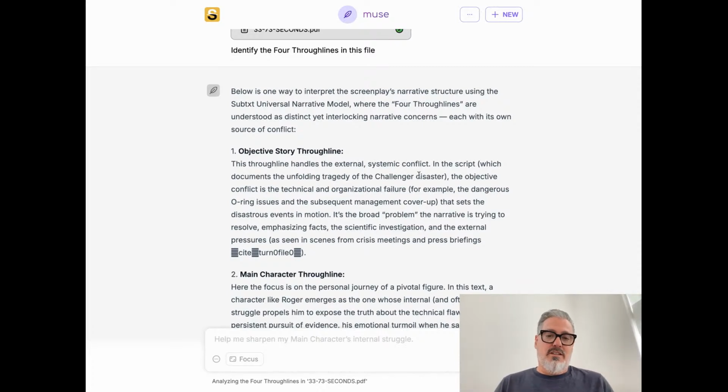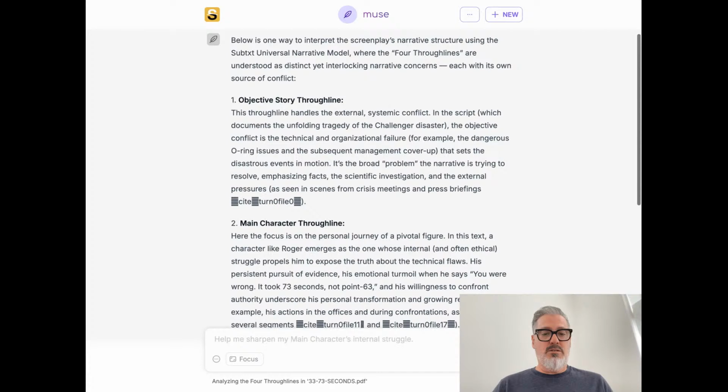So essentially, it's like getting me to read it and tell you all the stuff without me having to do it. And you'll see here it says, as seen in scenes from crisis meetings and press briefings, and it's got this gibberish thing. This is brand new within the last 24 hours. I'm almost fairly certain this will be a way that it will reference the actual text, like quoted text from it. So hopefully relatively soon I'll be able to just drop what it referenced.